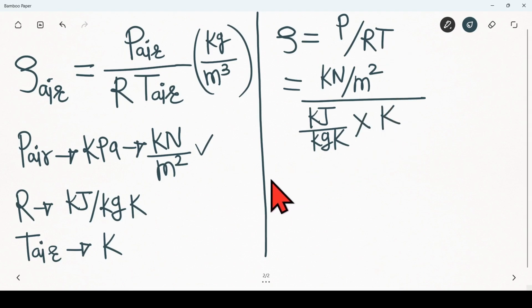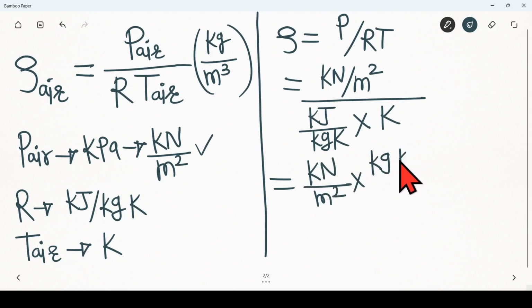Let's simplify this one. So we have kilonewton per meter square multiplied by kg Kelvin divided by kilojoule, multiplied by 1 divided by Kelvin. This Kelvin will get cancelled.